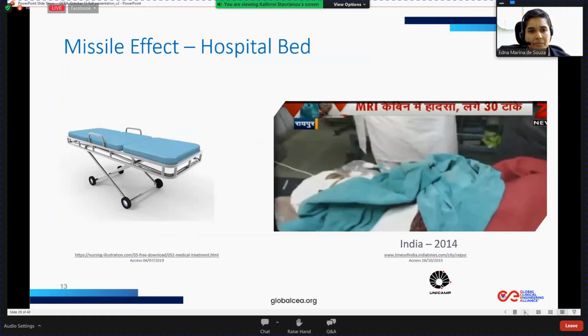Next, please. This is another example of missile effect. In this case, the patient was hit in her face by a hospital bed made of ferromagnetic materials. However, nowadays there are also specific beds to transport patients safely to the MRI exam room.